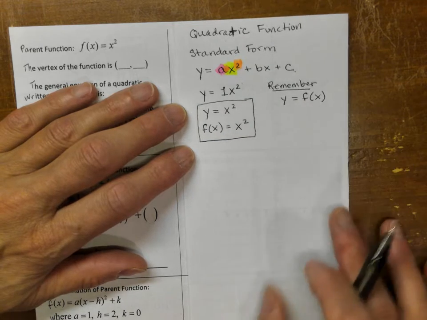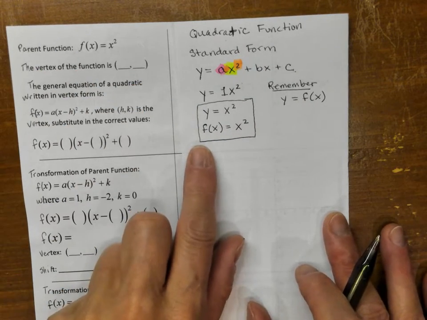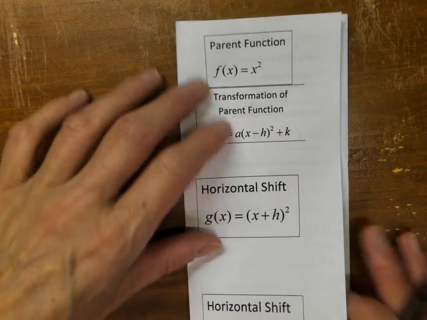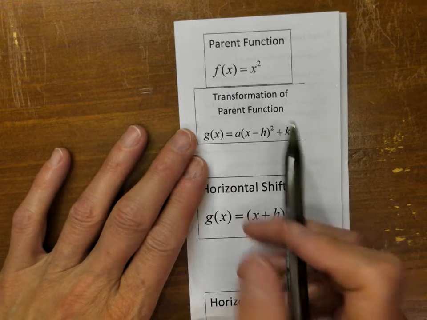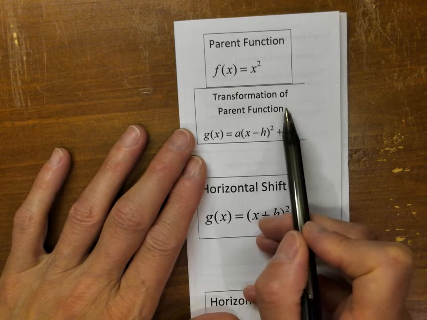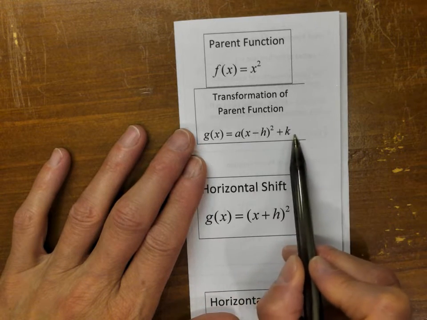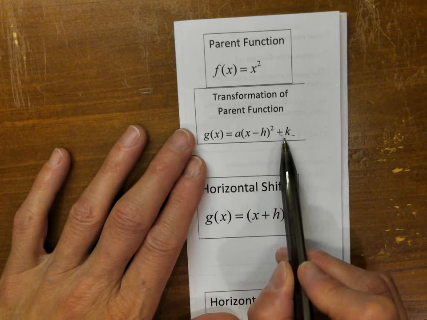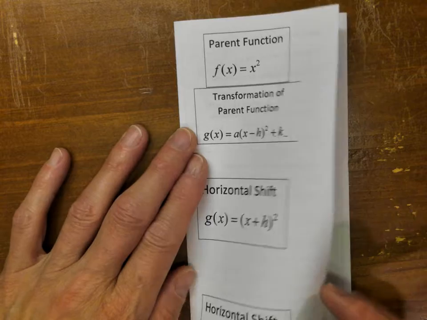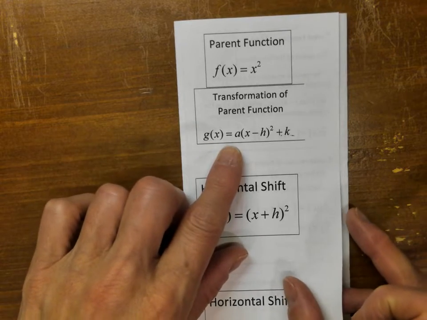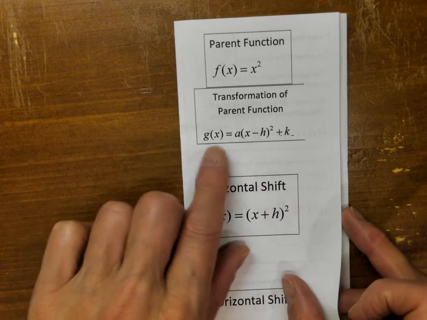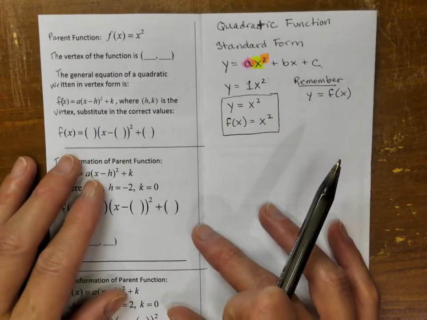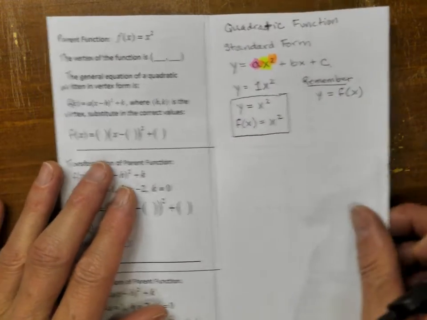They're both the parent function of the quadratic. Now that we understand that, we're going to talk about the transformation. This format should look familiar to you since we've done the absolute value, or even if you did a linear transformation. Now we're going to investigate what that form does.